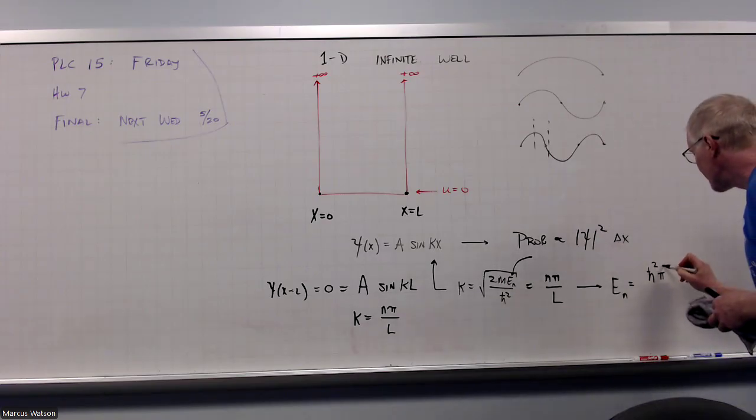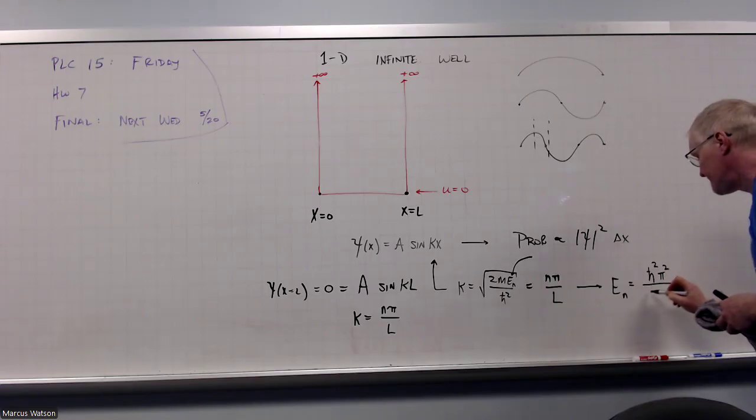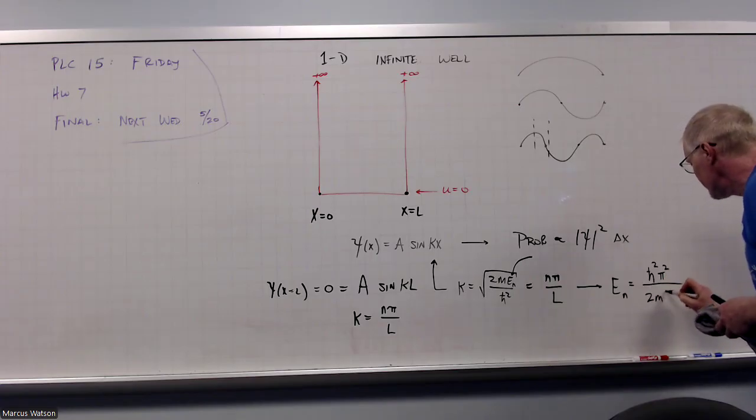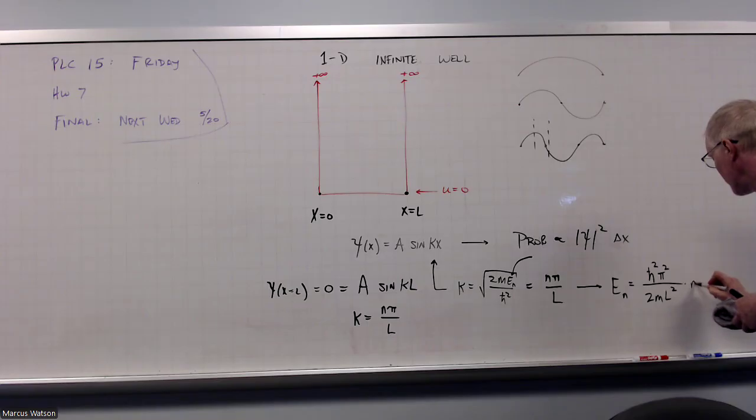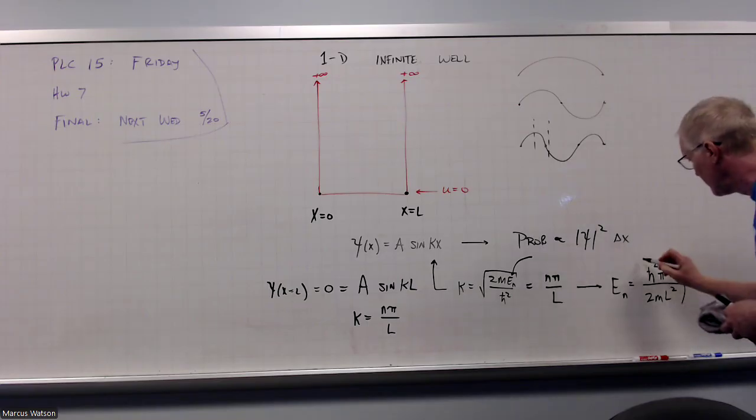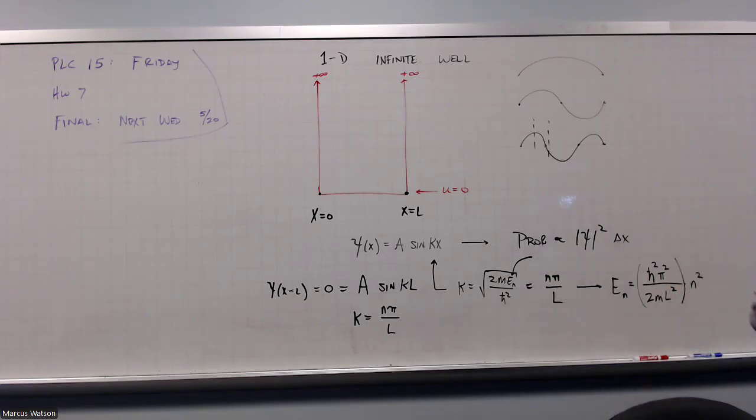We're going to have pi squared, like so. So in this case, the energy spectrum turns out to be related to the square of the order number.